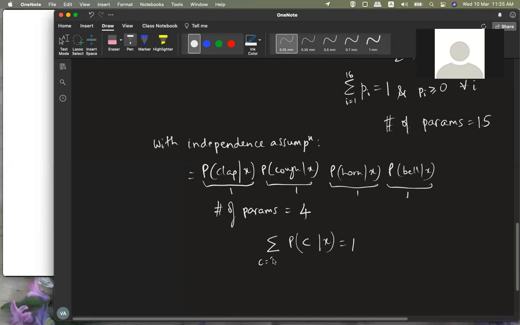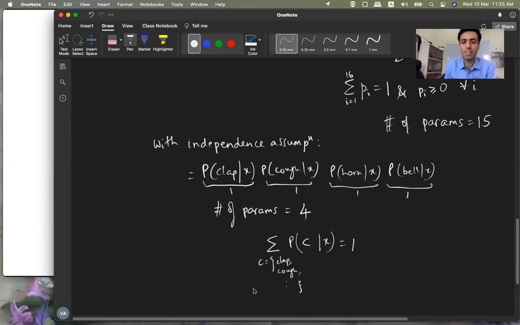Shouldn't we take into account that none of these events happen? That will be already covered, no? If clap is false, cuff is false, horn is false, bell is false, then that case is already covered.